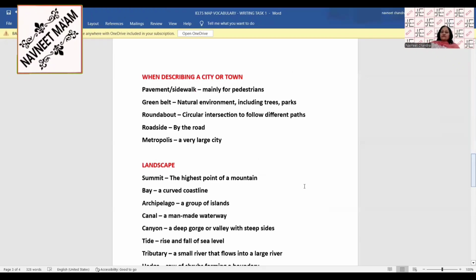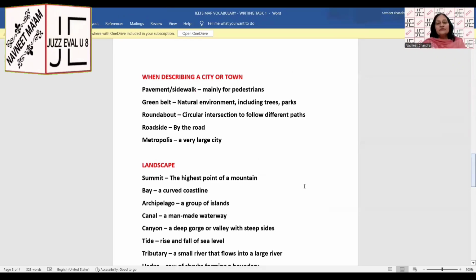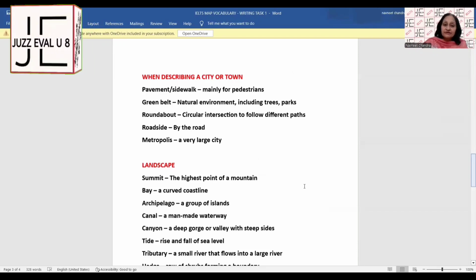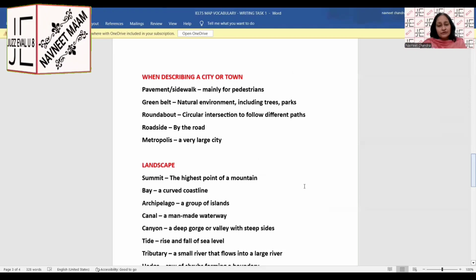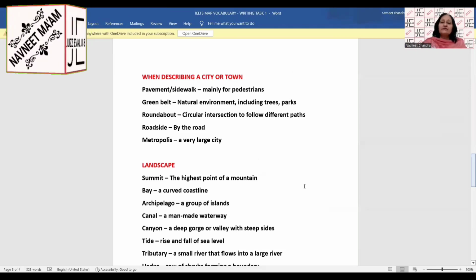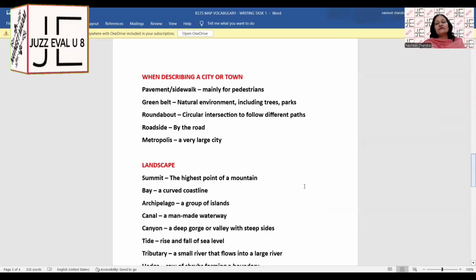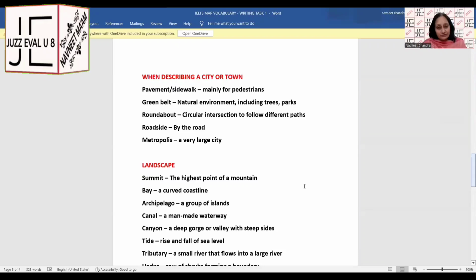And you need to describe a city or a town. So, besides talking about its landmarks, we can talk about the pavement. Pavement is a sidewalk where it's only used for walking, mainly for pedestrians. Then green belt. We're talking about the natural environment, the greenery, which includes the trees, the public parks. Then roundabout.